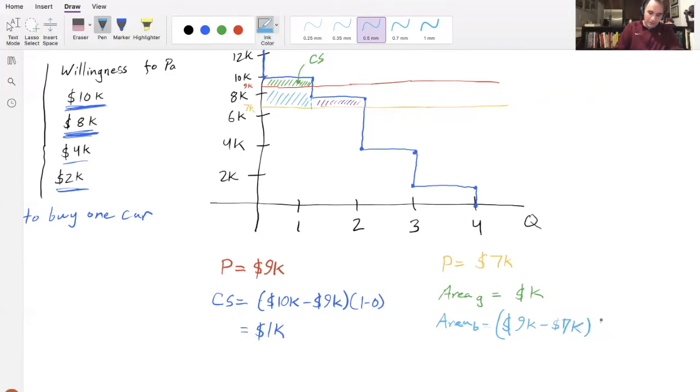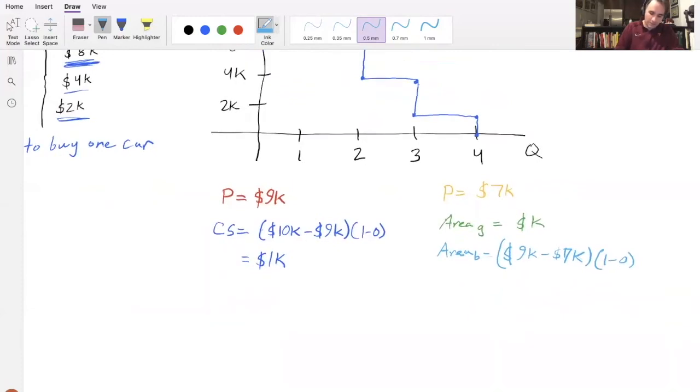And then it goes from 0 to 1. And so this area ends up being $2,000. I probably should actually write the number here. It says this is 1.